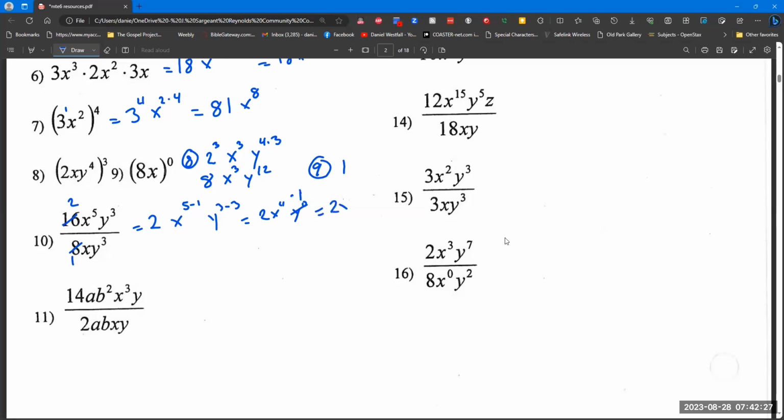It's going to be 2x to the 4th. Now we have 2 goes into 14 7 times. A divided by a is 1. And y divided by y is 1. Let's look at the pieces that are left. B to the 2 minus 1. X to the 3 minus 1 is b to the first, x squared.